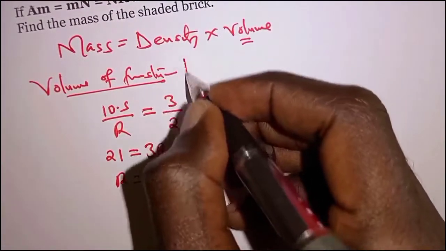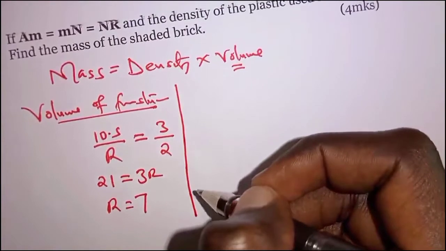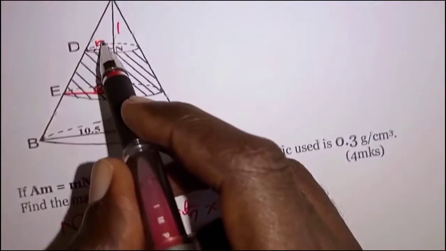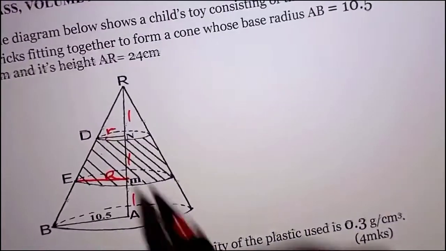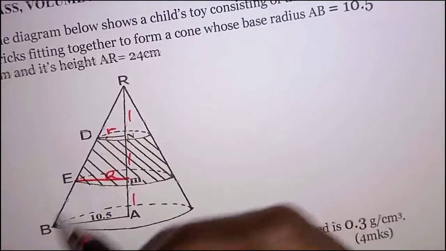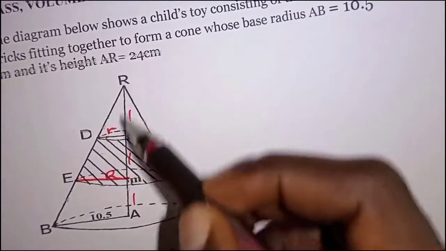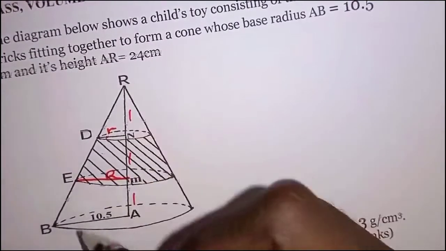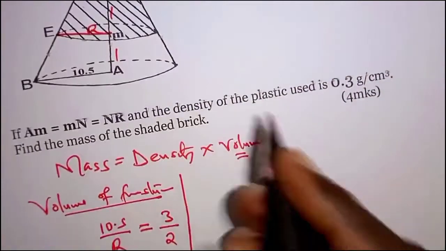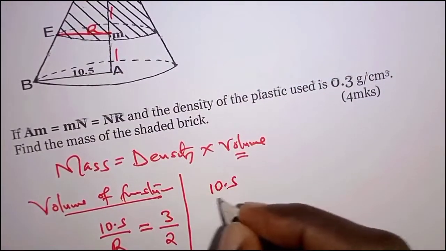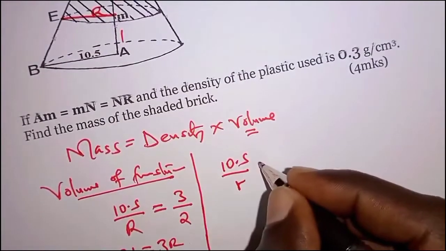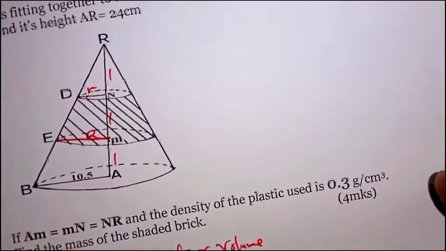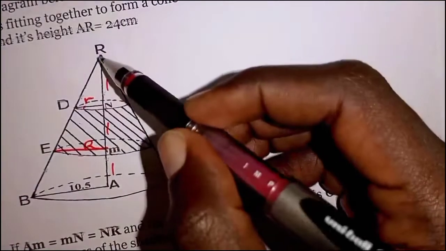Continuing the same way, we will have to determine the radius r, that is for the top of the frustum. So following the same procedure, we are going to compare the bigger cone and the smaller cone whose base radius is r. So the bigger cone has base radius 10.5 over the base radius of the smaller cone r, which should be equal to the height of the bigger cone.